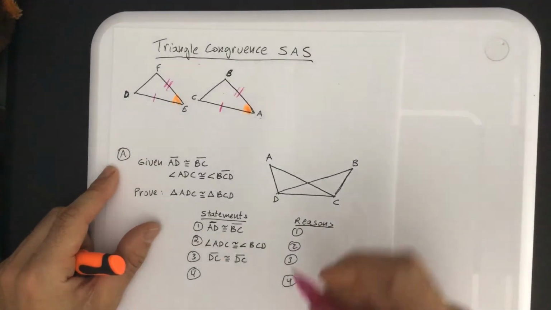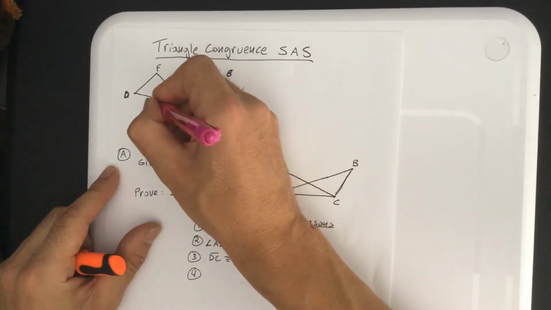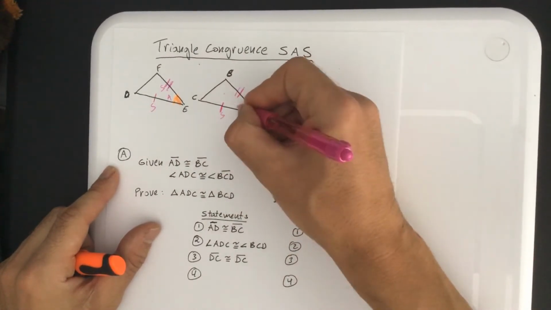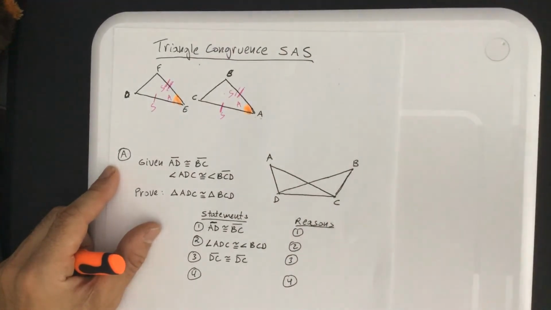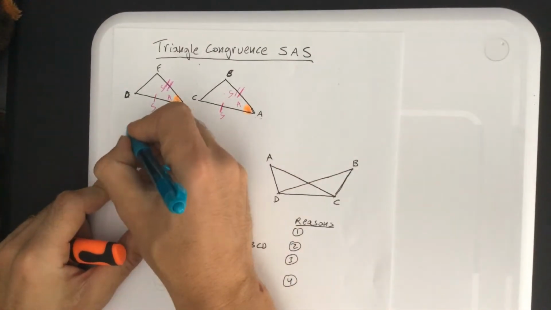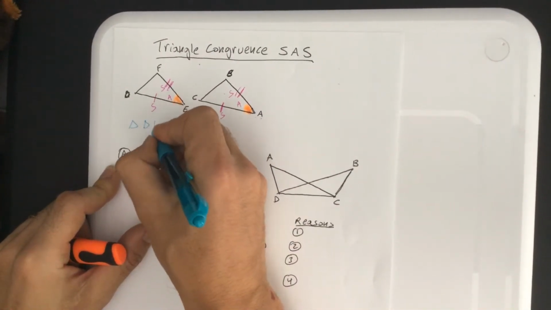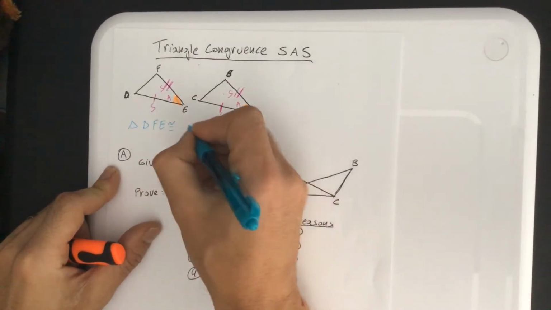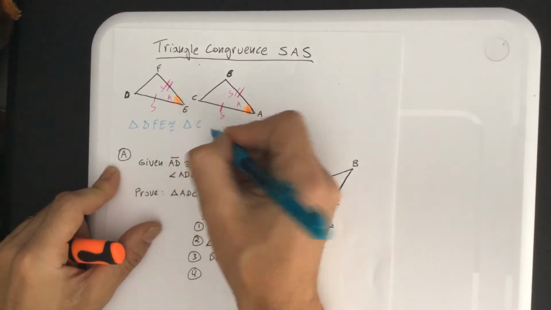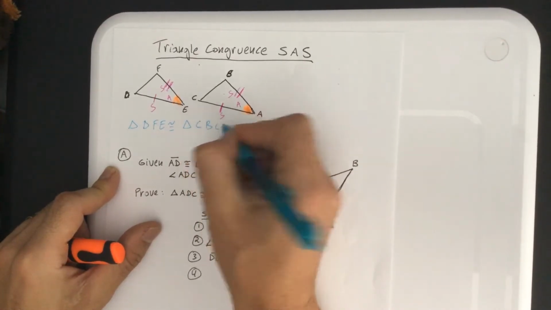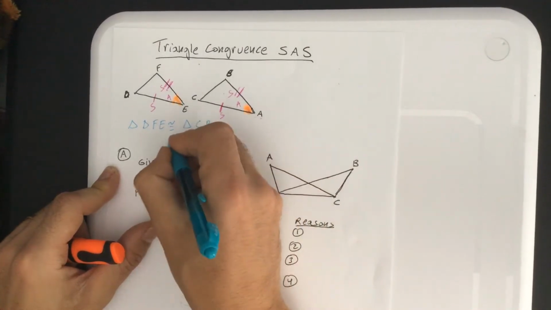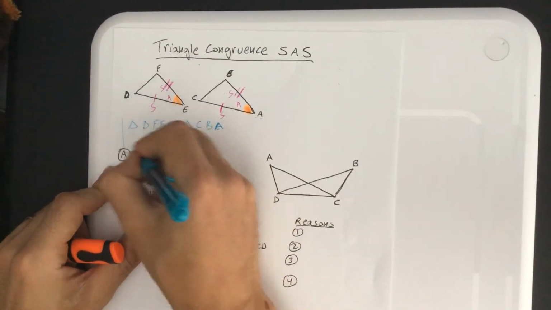Then what we got over here is two triangles that are congruent by side, angle, side. So triangle DFE is congruent to triangle CBA by side, angle, side.